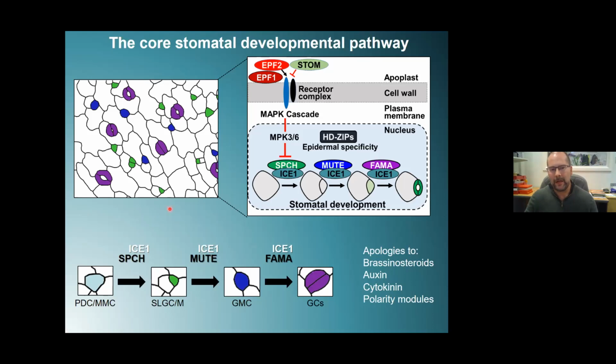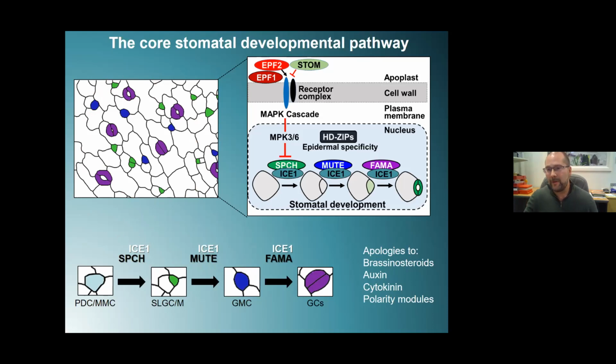And again, the other side of this, as you can see here, another important point to make, certainly in Arabidopsis, is that this isn't synchronous either. So these decisions are happening at various points within the leaf surface. Now, these different steps, these formative steps in stomatal development, are driven by specific transcription factors.